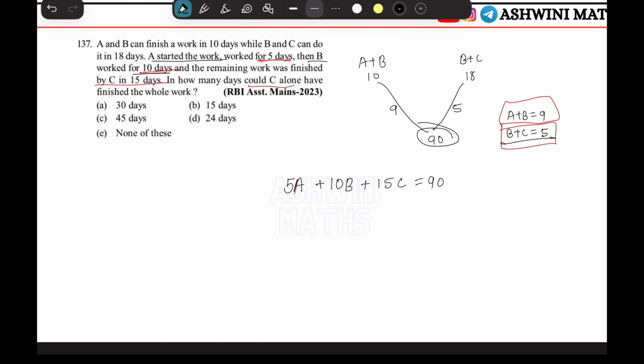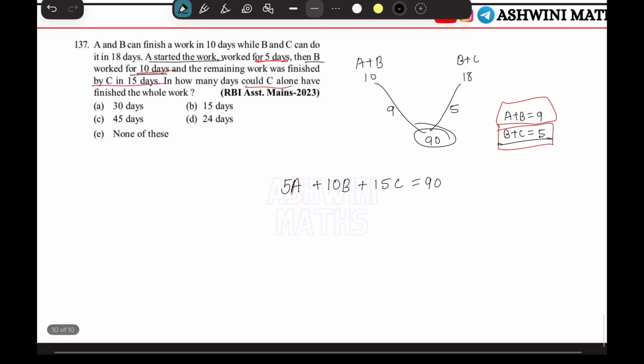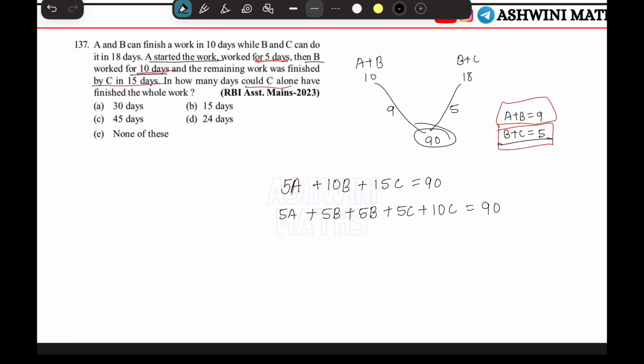Now what we can do is break it like 5A plus 5B plus 5B plus 5C plus 10C is equal to 90.